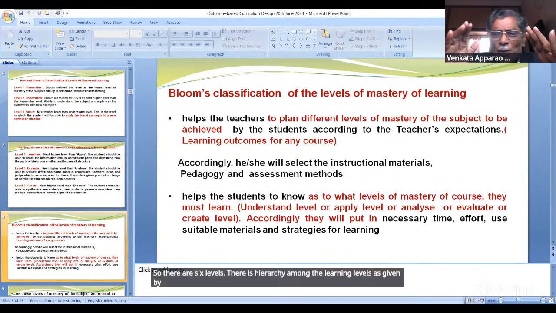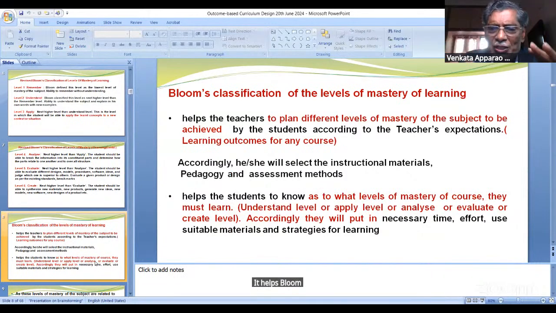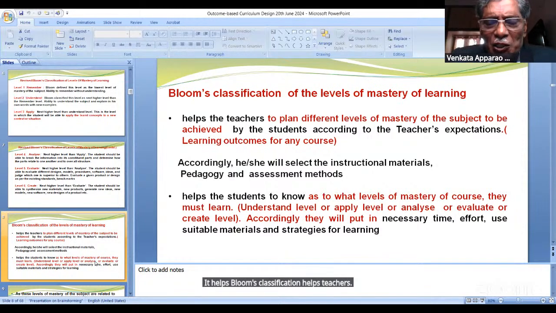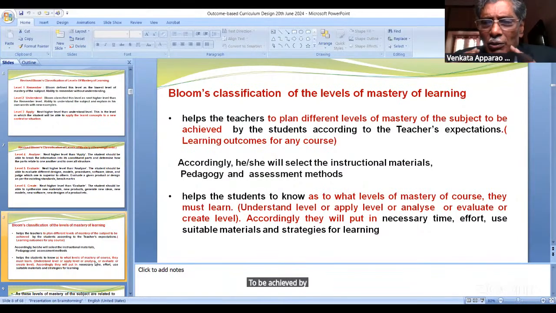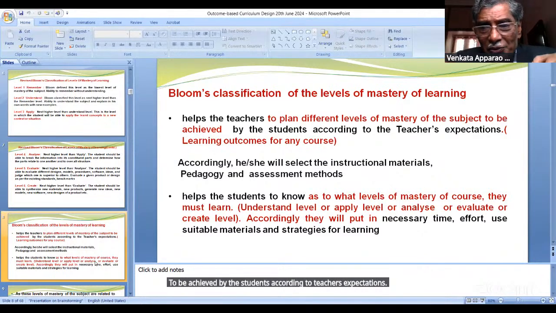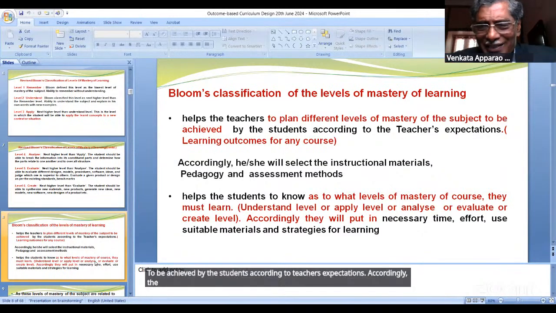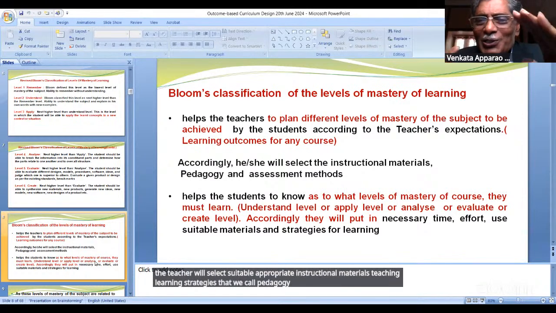Bloom's classification helps teachers to plan different levels of mastery of the subject to be achieved by the students according to teachers' expectations. Accordingly, the teacher will select appropriate instructional materials, teaching learning strategies that we call pedagogy, and also assessment methods.